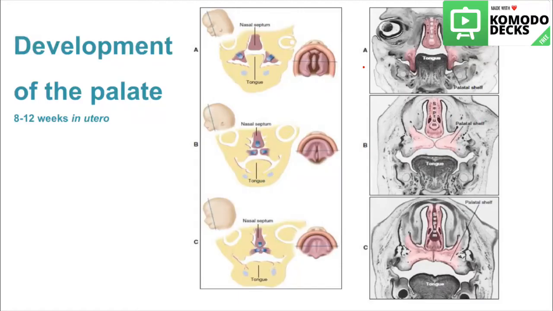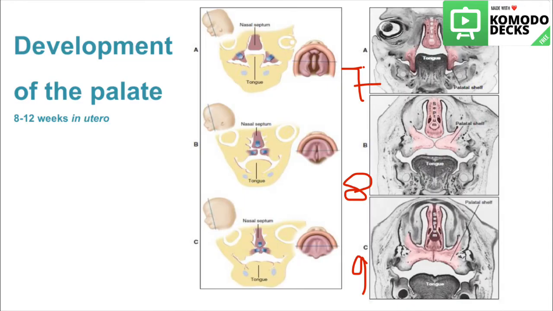Here is week 7, week 8, and week 9 in utero. The coronal sections show the embryos with initial disposition of the palatine shelves on each side of the tongue in week 7. In week 8 we have depression of the tongue, thus elevation of horizontal palatal shelves.